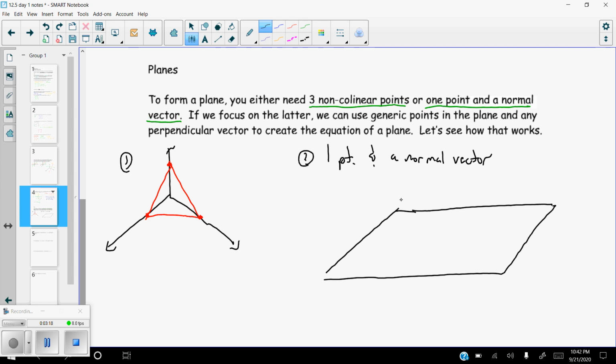What we've got is I have to know some point in the plane. We're going to call this point right here X, Y, Z. That's just any generic point in the plane.